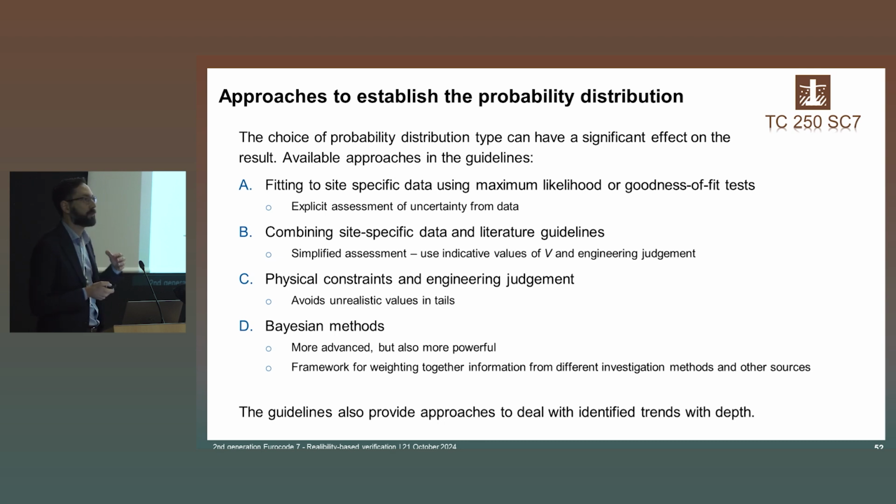For example, if you have data from different types of measurements and you want to weigh them together, there are mathematical and statistical frameworks for how to do that using Bayesian methods. And also Julia this morning talked about how to deal with trends with depth, and that also comes in here with a bit more in-depth discussion.